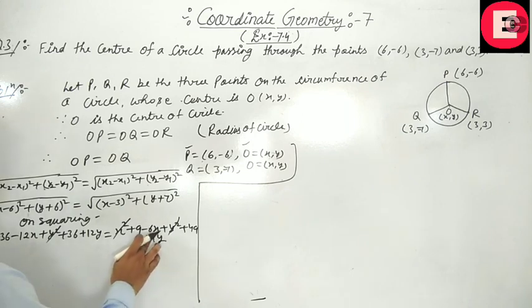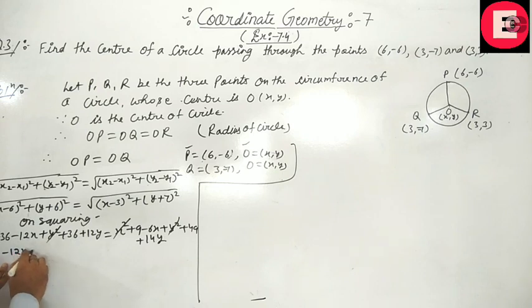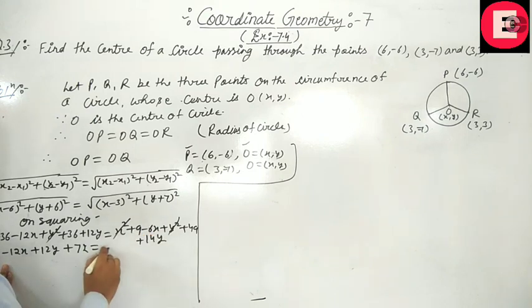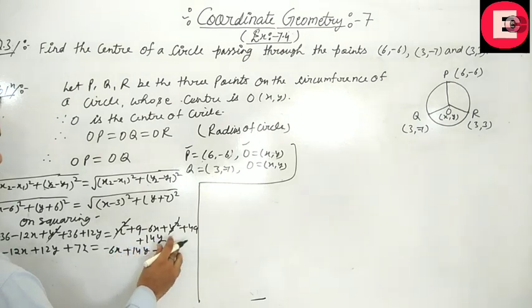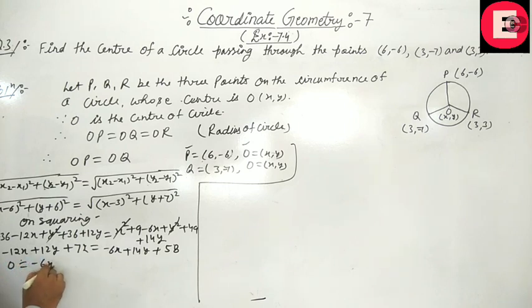So minus 12x plus 12y plus 72 is equal to minus 6x plus 14y plus 58.